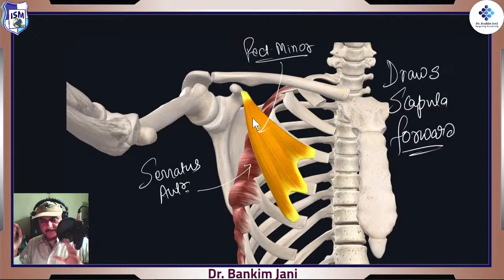Now, in case there is paralysis of serratus anterior and pectoralis minor, and they are not functioning, there is no one to keep the scapula near to the body. The moment someone tries to push, that scapula would go away from the body.